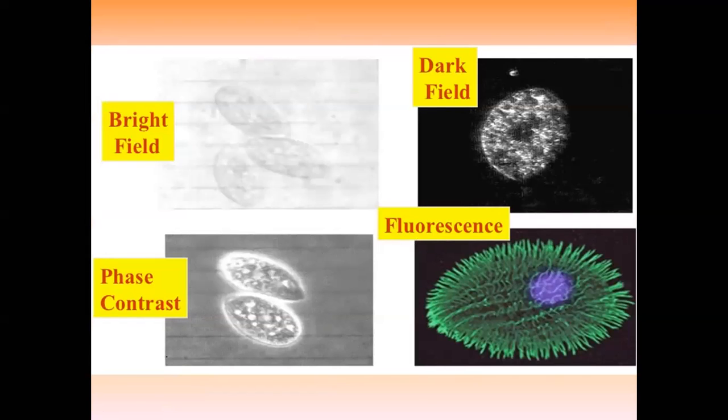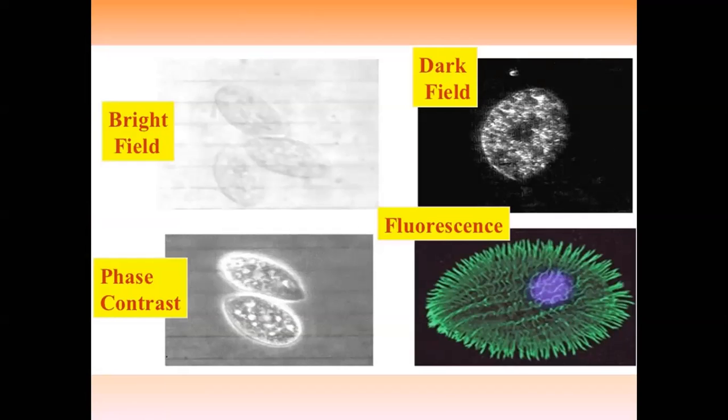Once you use the phase contrast medium, the light which is coming through the aperture, while it is entering the medium of your specimen, there will be a change in the refractive index, and that change will be captured by our microscope.